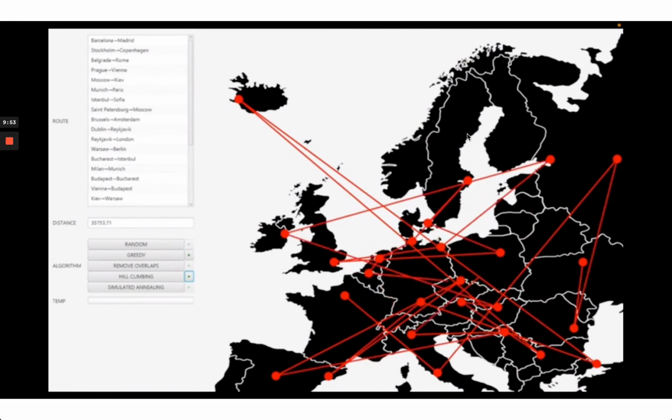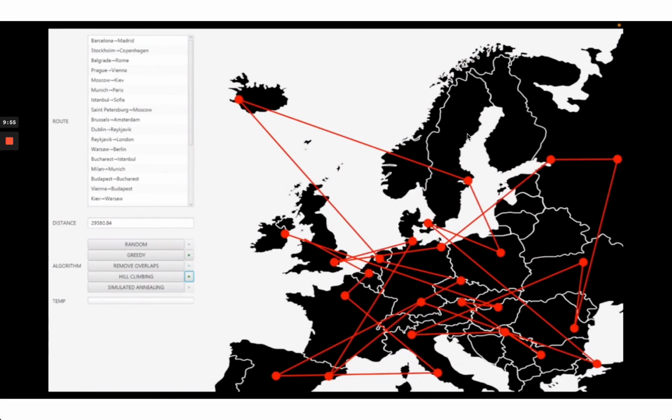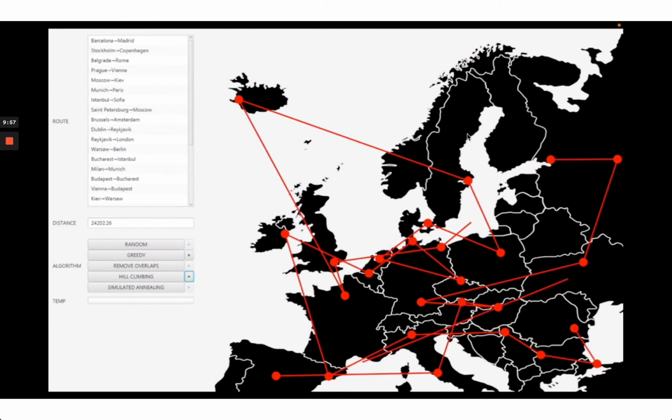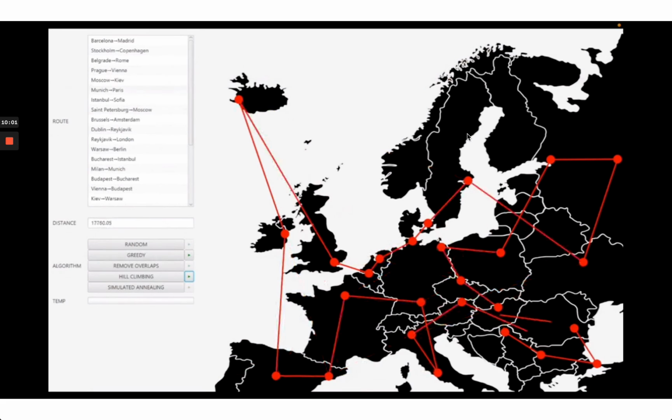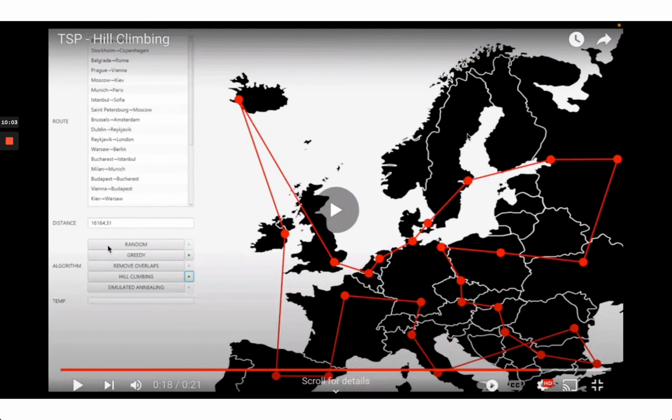But then I'm going to take 2 random edges at a time and randomly swap them. If that results in an improvement, I'm going to keep it. Otherwise, I'll revert it back. I'm only animating the improving changes. And you'll see right here that as soon as it's done, I don't have any overlaps. And I get a distance of 16,133 kilometers. So that is fantastic. That is really, really good.